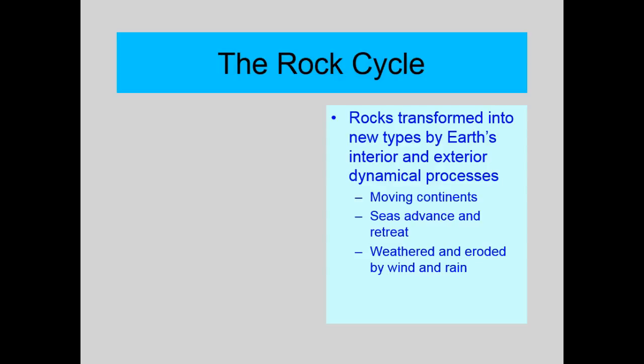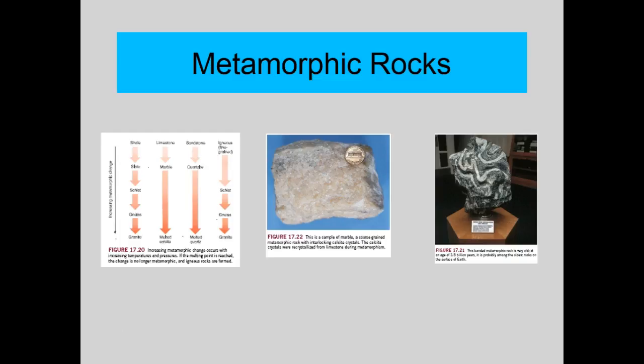The last topic here is the rock cycle. Your book has some other really pretty pictures in it too. Your figure 17.20 is that same banded metamorphic rock, very old. That's the same piece of rock we were looking at here, only a much closer shot of the surface of it.